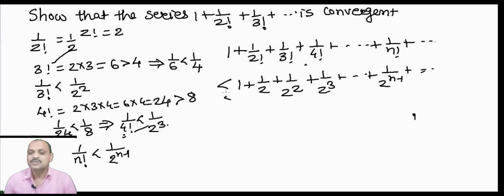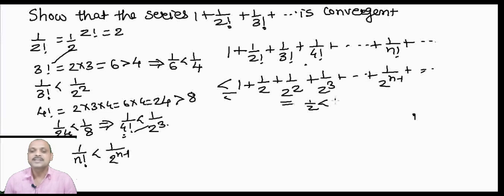And we know that this is a geometric series 1 plus 1 by 2 plus 1 by 2 square plus 1 by 2 raised to 3, and this geometric series is a convergent series for r less than 1. Here the common ratio is 1 by 2, and 1 by 2 is less than 1.